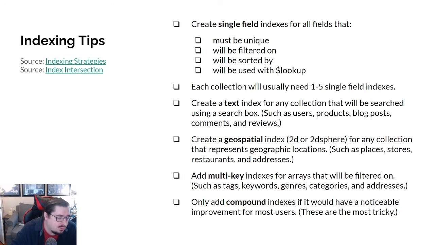So let's say I want to be able to find all of the restaurants that are near me, or your retail locations that are near me. That's where I need a geospatial index. If you have latitude and longitude information on your users for whatever reason, that would be something I would index as well, so I can search for users based on their location on the globe.